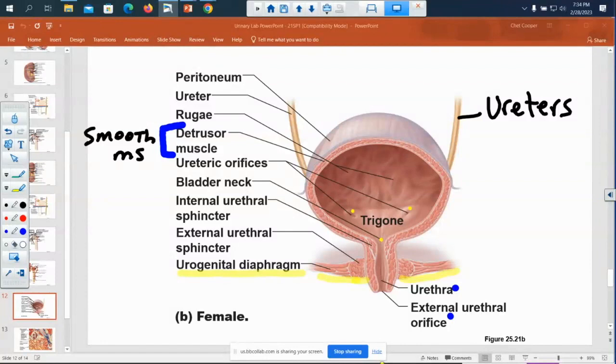The other thing right here is the internal sphincter, and out here is the external sphincter for the urethra. So there's two sphincters, internal. Who remembers internal is what kind of muscle? Smooth, just like the digestive one. And so the external is skeletal. Yeah.